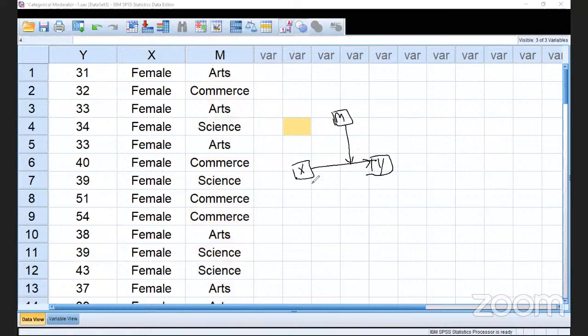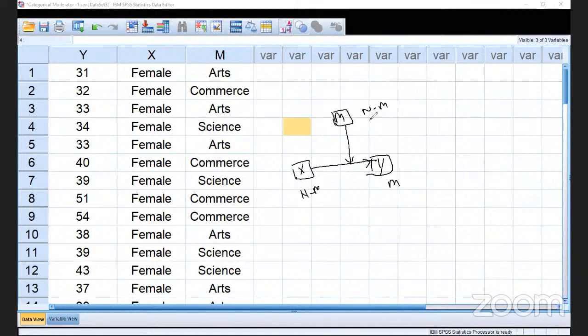Here, these are categorical, meaning non-metric data, and this is metric data. Non-metric means two categories, male and female. Non-metric means arts, commerce, and science, three categories.